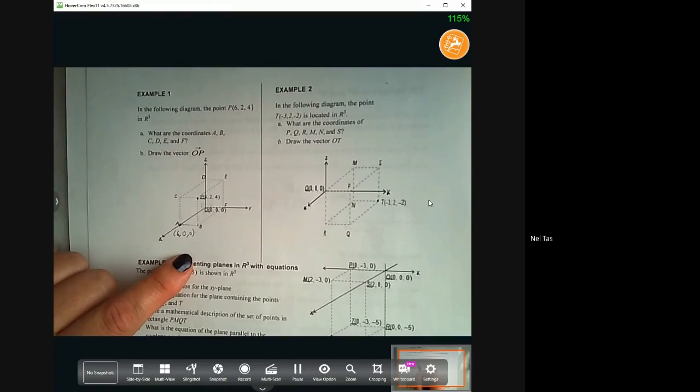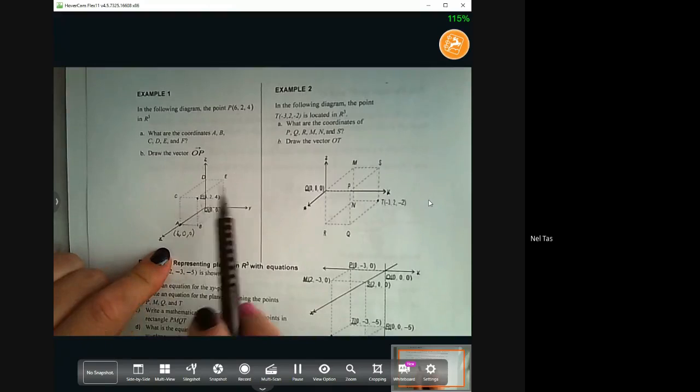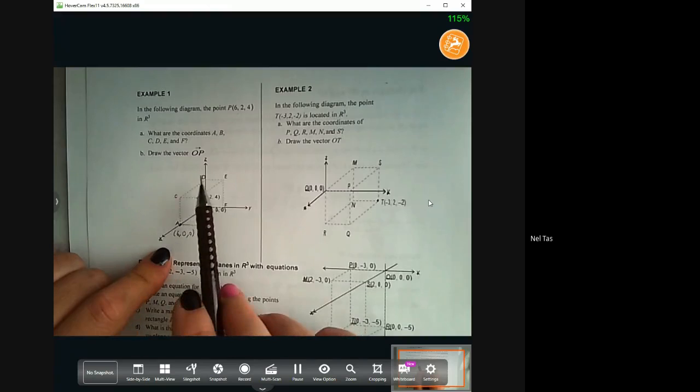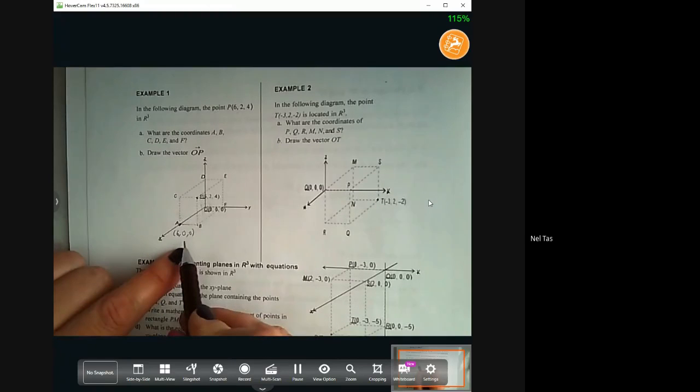Or if you have a y-intercept of 5, then your x coordinate is 0, so (0, 5). Similarly, if you have a point on the x-axis in a 3D system, the y and z coordinates are 0. If you have a point on the y-axis, then the x and z coordinates are 0. If you have a point on the z-axis, the x and y coordinates are 0. So that is (6, 0, 0).